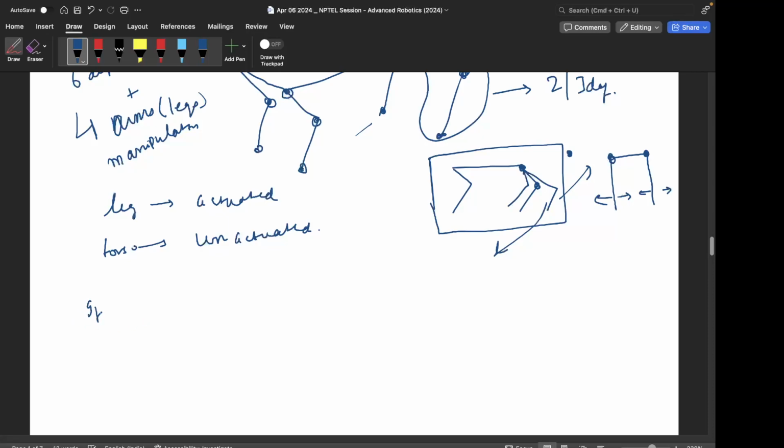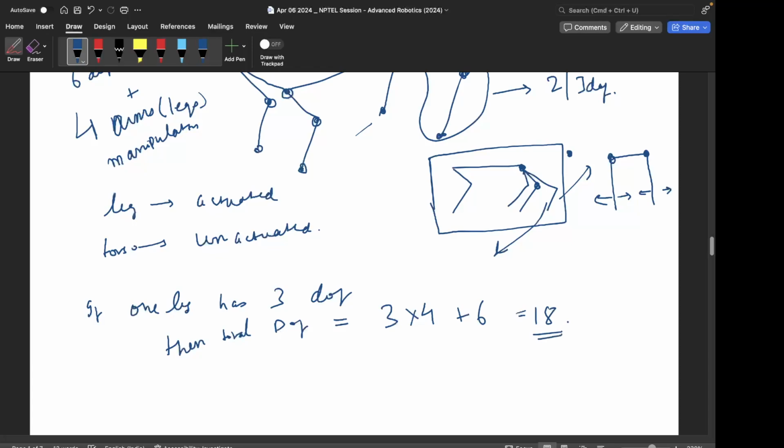So if one leg has 3 degrees of freedom, then the total degrees of freedom is 3 for each leg, and there are 4 legs, plus 6, so equal to 18.